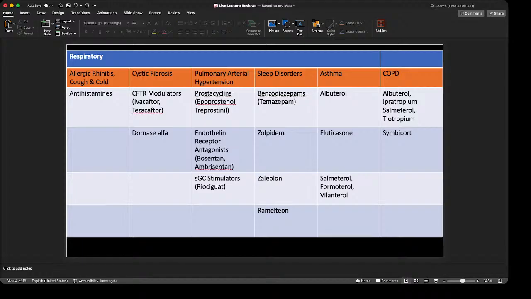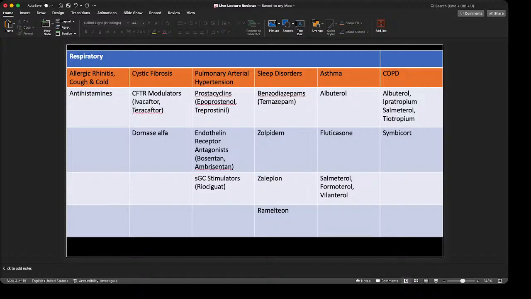And then you have asthma treatments: albuterol, fluticasone, formoterol, salmeterol, Ventolin. When it comes to asthma treatment and albuterol, some of you might see a DUR on the screen for how albuterol might interact with other meds. That's true.